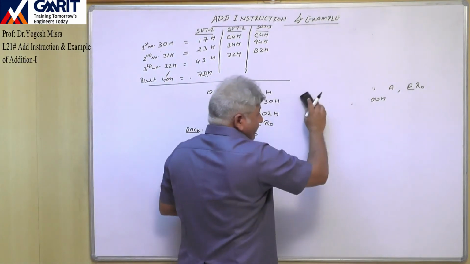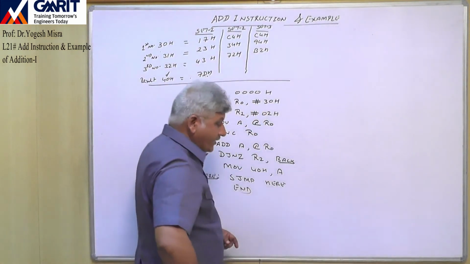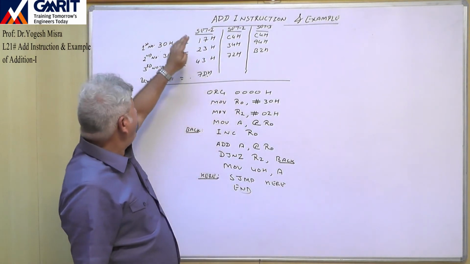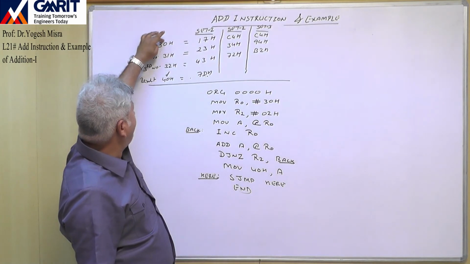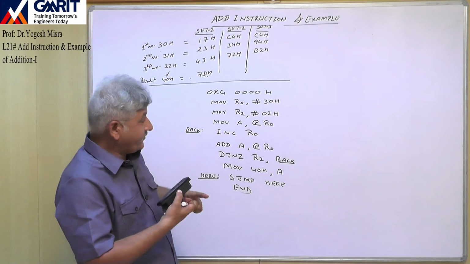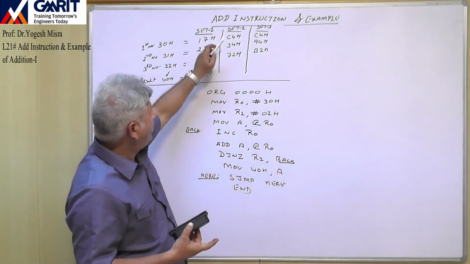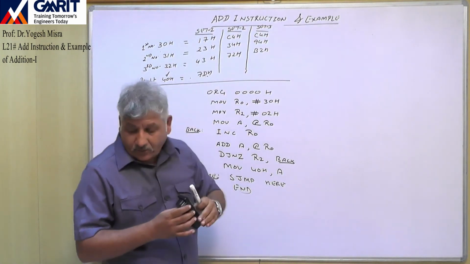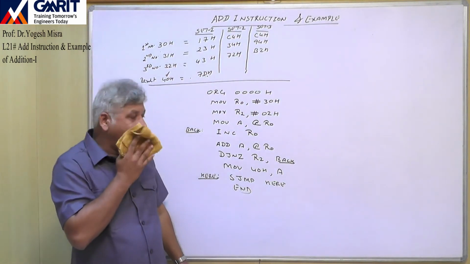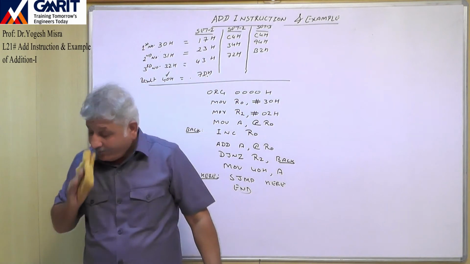Now if we perform the addition of the second set, if at these locations 30H, 31H and 32H we have loaded these numbers C4, 34 and 72, then what result are we expecting and what result will we get?